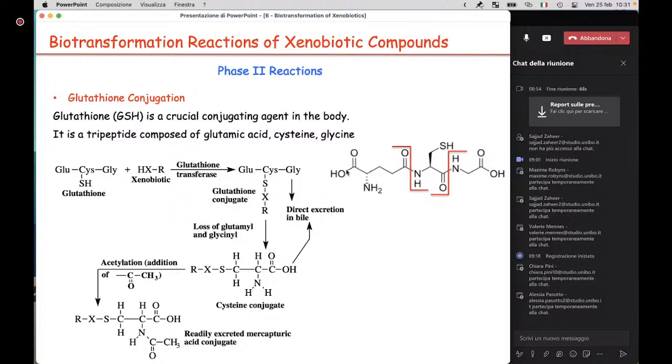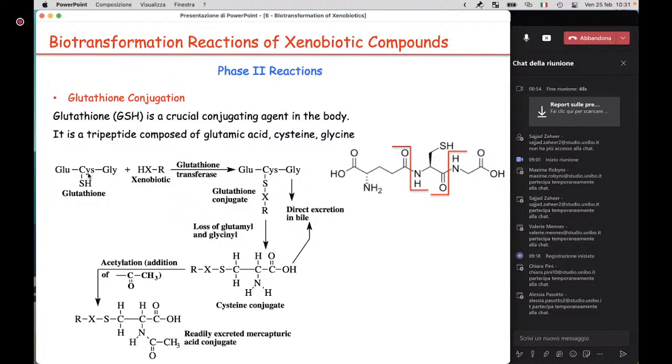Because this is the peptidic carboxylic group. Since, however, glutamic acid has another carboxylic group at the end of the side chain, in this case, it is linked here, but it's not important for our purposes.